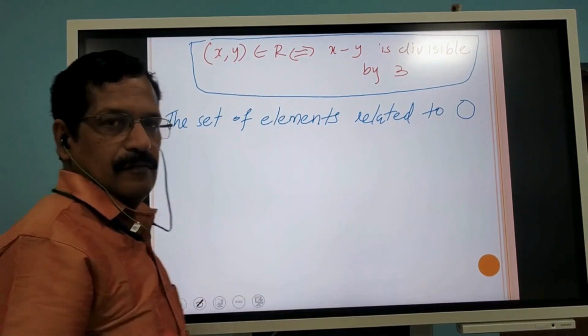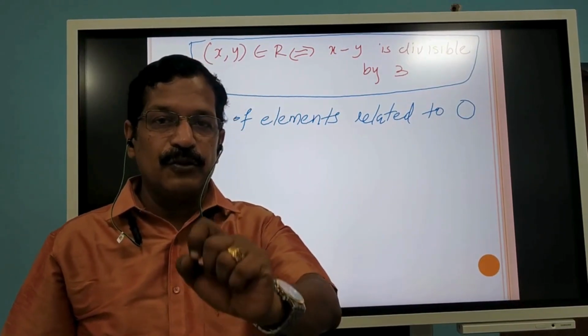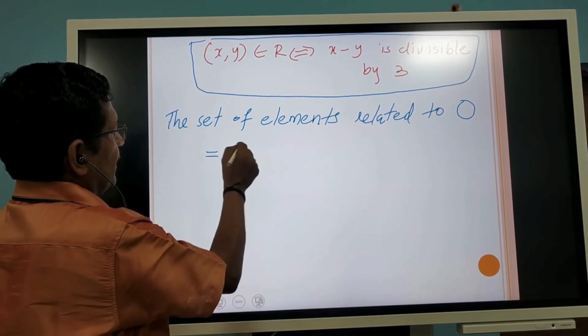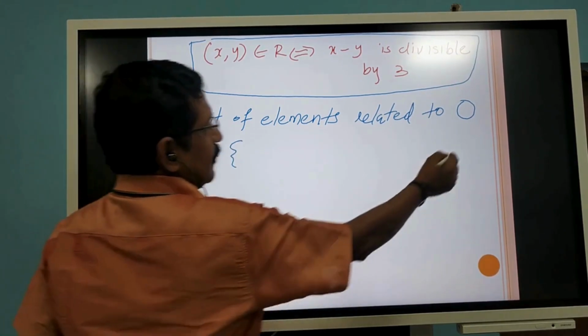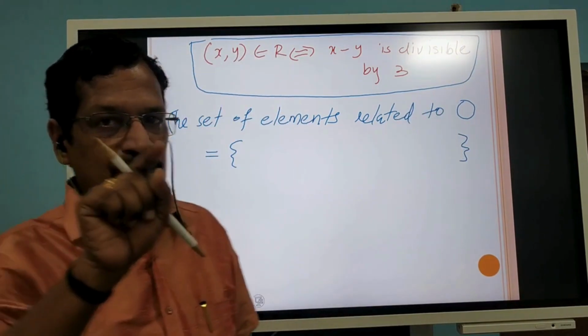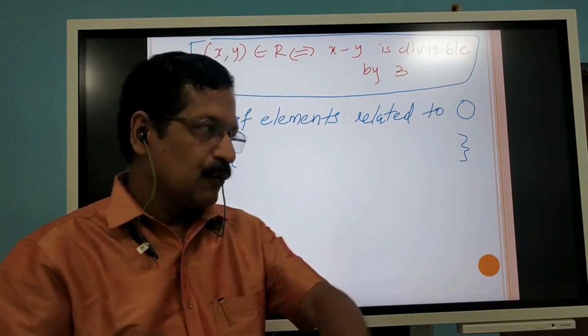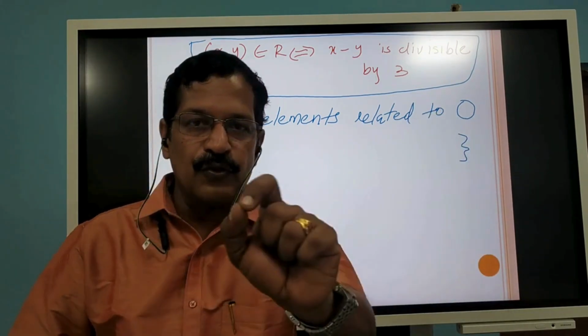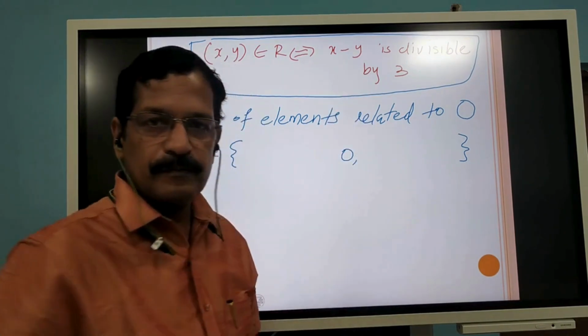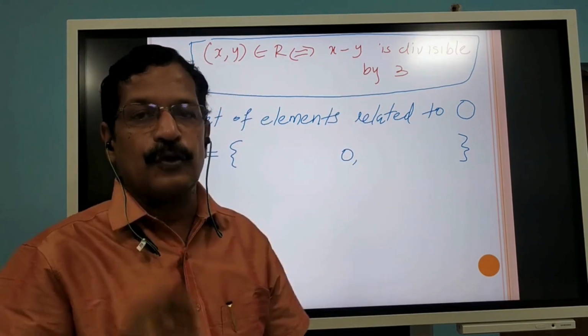What are the set of elements related to 0? Let me write the set. This will be equal to the set of elements. Clearly, the relation is an equivalence relation, so it is reflexive. So 0 should be related to 0. So 0 is an element. I am writing this as 0.